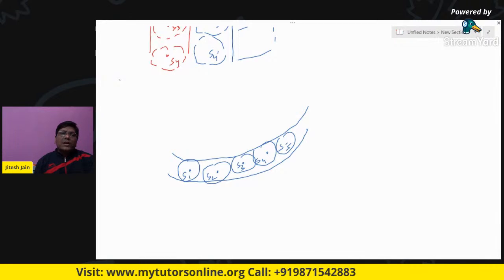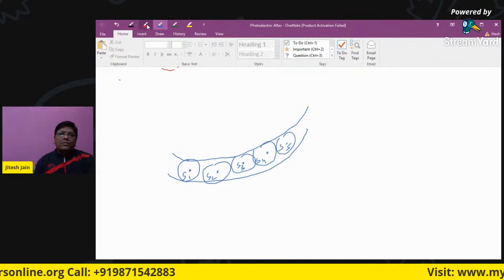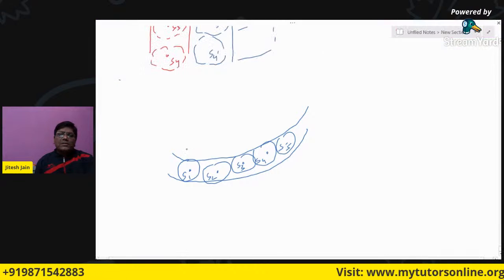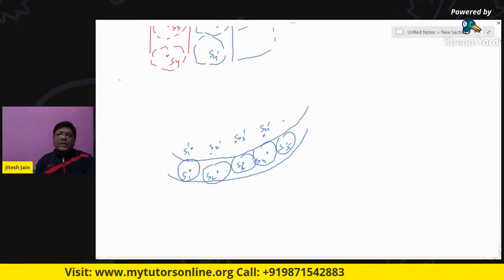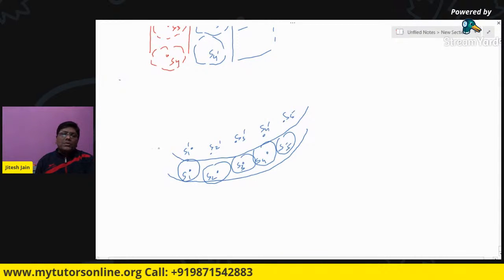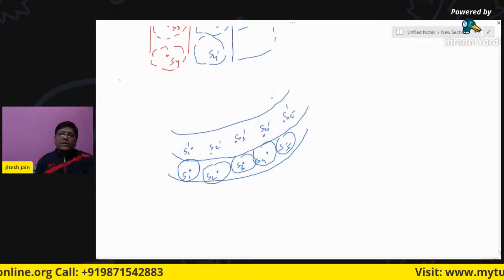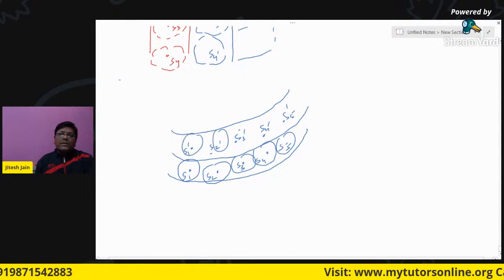Then again, what is going to happen? The next wavefront will be formed, right? After this, S1 dash, S2 dash, S3 dash, S4 dash, then S5 dash. Okay, a new wavefront is formed again, right?